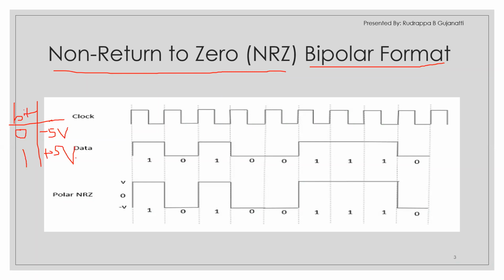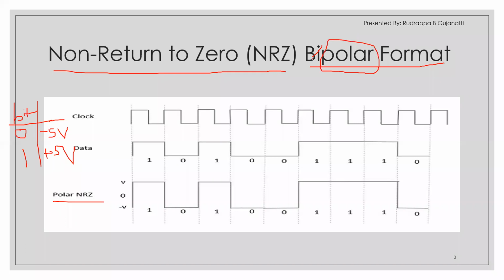So this is the representation present in non-return to 0 polar format, what we are looking at. One rectification here: I think I have made a typo here.